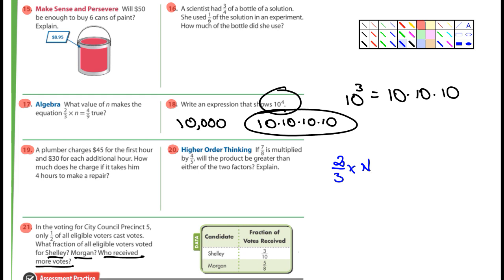Well, all you have to do is look at the numerator, which has a larger numerator. Well, 2/3 does. It has 4/6 versus 3/6. So 2/3 is larger.